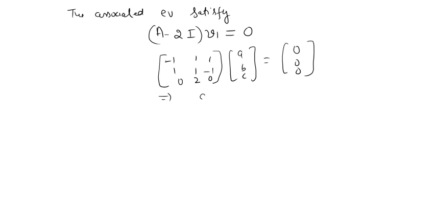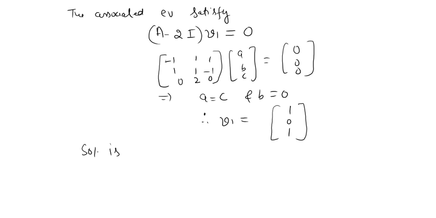Here you get a equal to c and b equal to 0. So the eigenvector you can take is (1, 0, 1). So the first solution corresponding to this eigenvector will be y1 equal to v1 e^(lambda t), that is (1, 0, 1) e^(2t). So you got one solution.